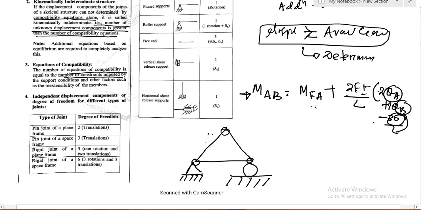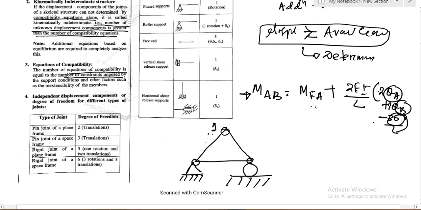Now, rotation is actually not allowed. In a truss, rotation is not allowed. Only the joint can move in a linear direction. Angular rotation is not restricted in this truss, but each joint can move in a translation manner.